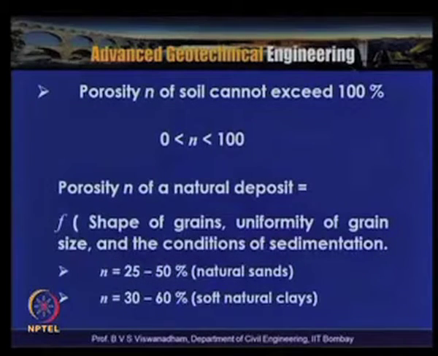Porosity n of a natural deposit can be a function of the shape of grains, the uniformity of grain size, whether it is the same size or different sizes, and the conditions of sedimentation. So, for natural sands, the porosity is in the range of n is equal to 25 to 50%, and for soft natural clays, the porosity can be in the range of 30 to 60%.